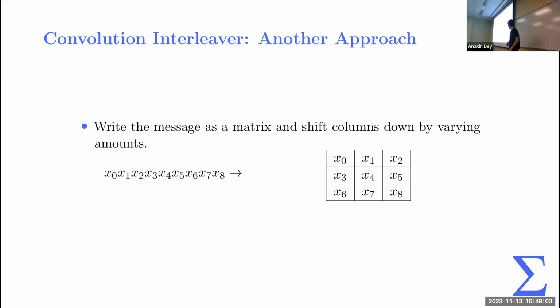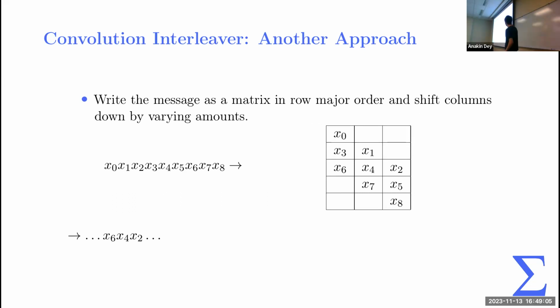Then to interleave, we shift each row down by its row number minus 1. So we take the second row and shift it down by 1, we take the third row and shift it down by 2, and then we have a new row major order.